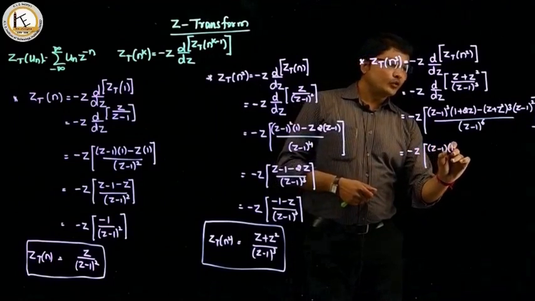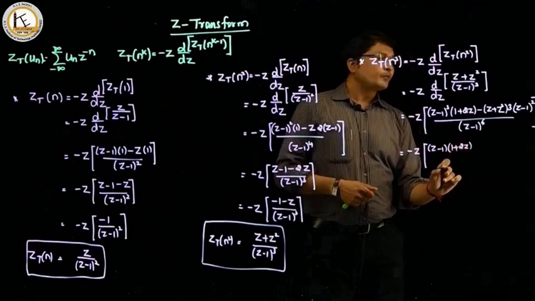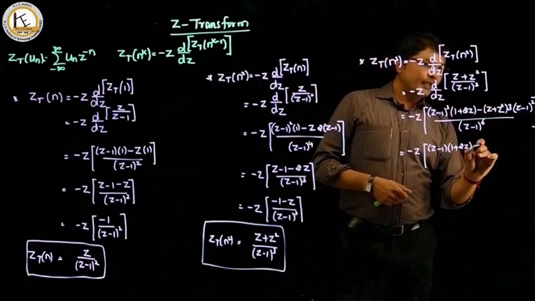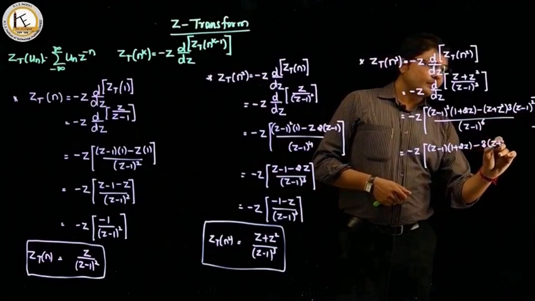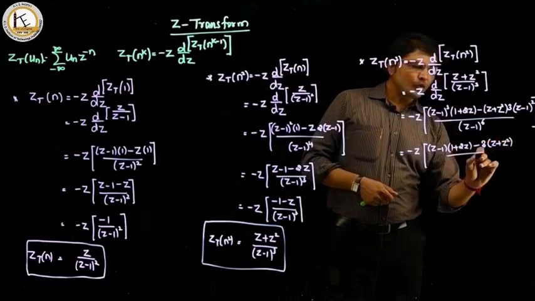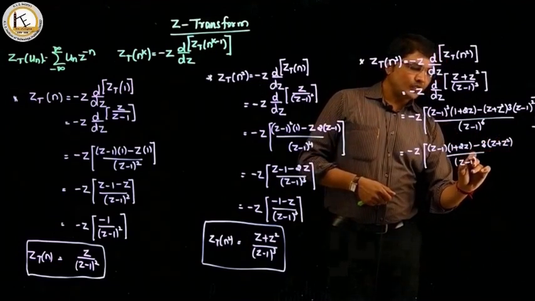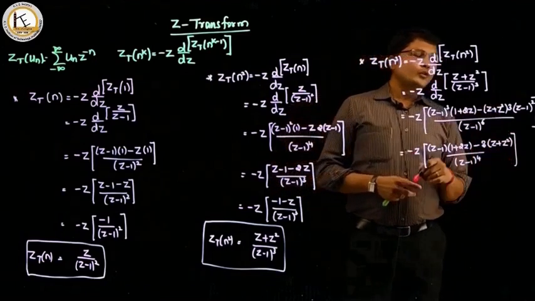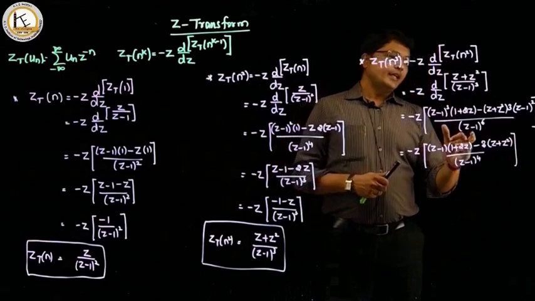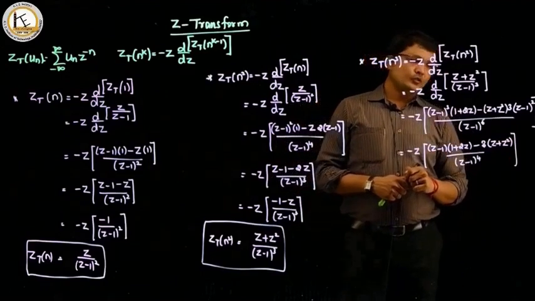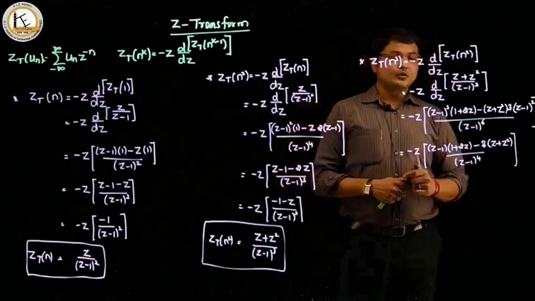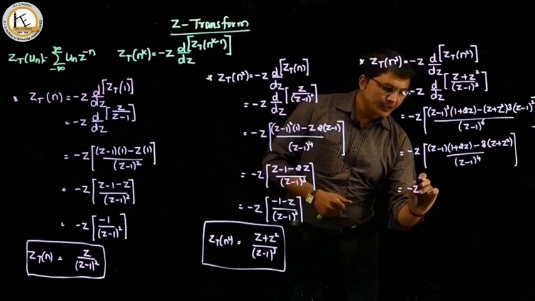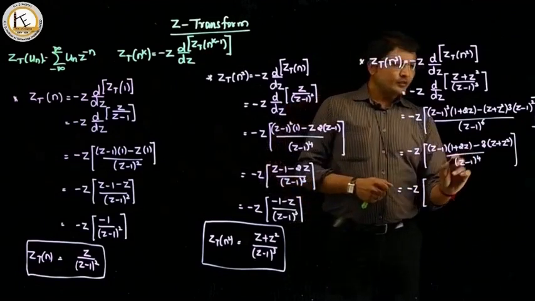So taking that Z minus 1 the whole square common from numerator, remaining is Z minus 1 into 1 plus 2Z, and here Z minus 1 the whole square we have taken common, so remaining is minus 3 times of Z plus Z square, whole divided by Z minus 1 the whole raised to 4. It is because we are taking Z minus 1 the whole square common from the numerator and cancelling with the denominator Z minus 1 the whole raised to 6, therefore it becomes Z minus 1 the whole raised to 4.